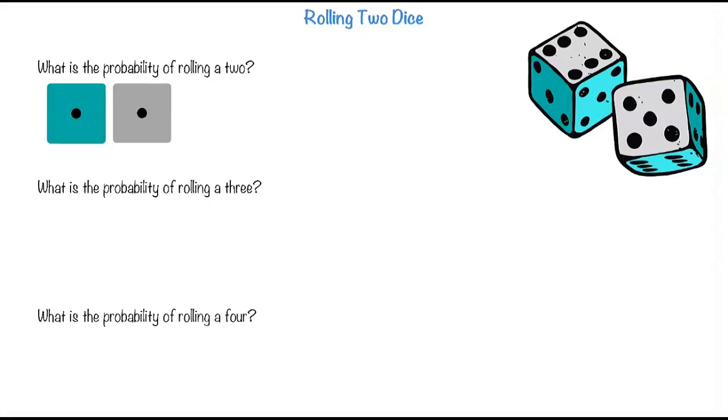That's if both dice are aces, or each have a single dot. So this event only has one outcome, and that's the outcome where both dice are equal to 1. So the probability of rolling a 2 is equal to 1, the number of ways that can happen, divided by the total number of possibilities, or 36. So the probability of rolling a 2 is 1 in 36, or approximately 0.0278.